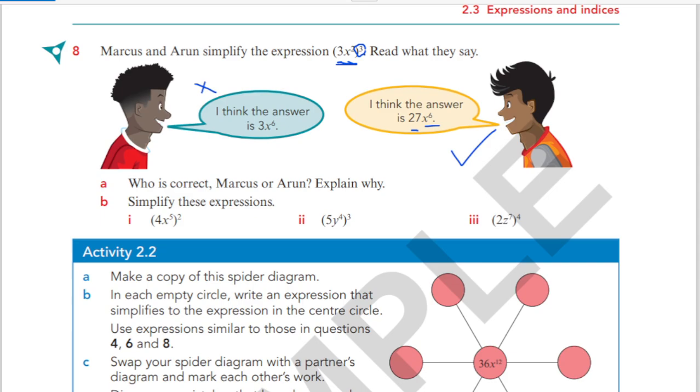So by using this method, we have to simplify part B of question number 8. Simply, we have to take the square of 4 and this x5. The square of 4 is 16, and x will be 5 into 2, x power 10.